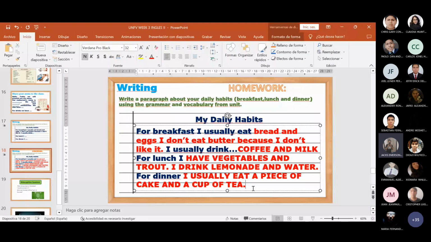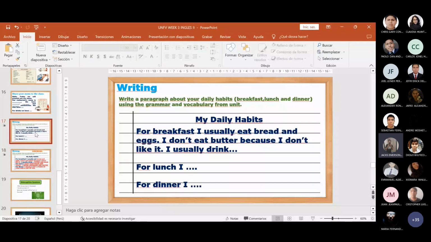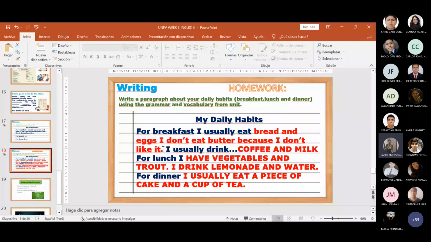You have to write your daily habits. Nosotros vamos a tener que escribir nuestros hábitos diarios acerca de la comida: about breakfast, about lunch, about dinner, using the grammar and the vocabulary from this unit. Like this example: my daily habits. For breakfast, I usually eat bread and eggs. I don't eat butter because I don't like it.